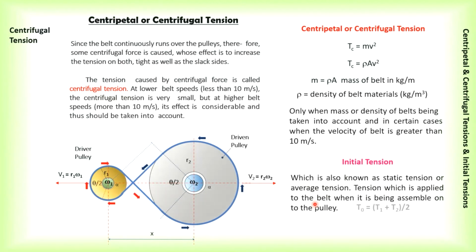That is T0, which is T1 plus T2 over 2, the average tension. So now we have T1, T2, TC, and T0. I hope you remember all these symbols that we use in this part of your machine components design.